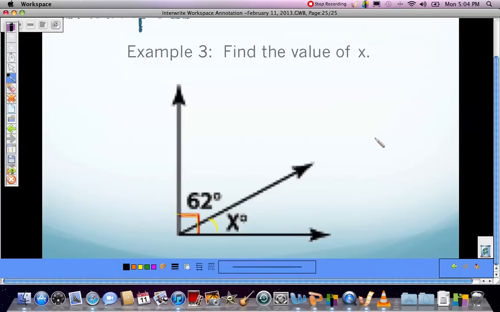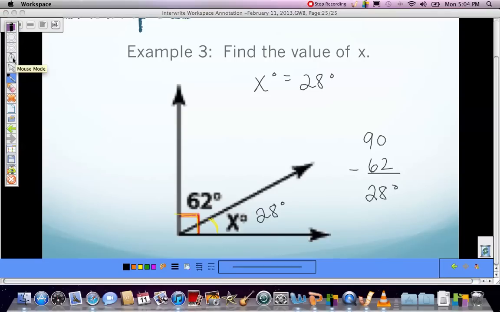All we need to do is take 90, because we know that's what they have to equal, subtract 62, and we get 28 degrees. So the measure of angle x is 28 degrees. And you can check your work. 62 plus 28 is that right angle of 90 degrees. These would be called complementary angles because they have a sum of 90 degrees.